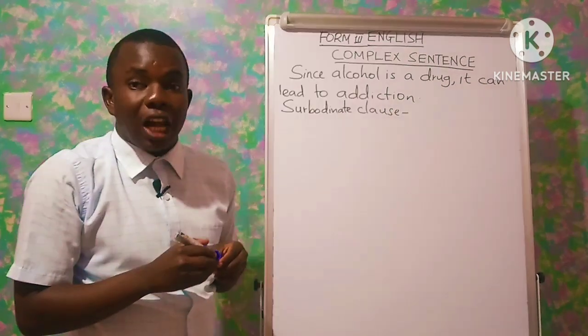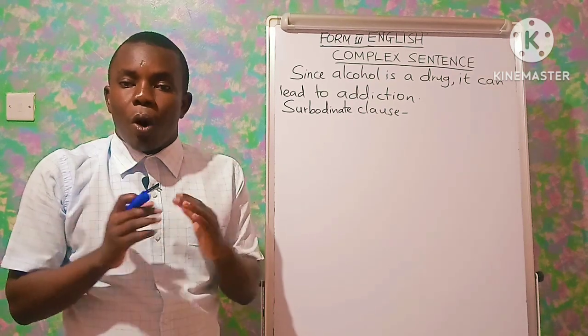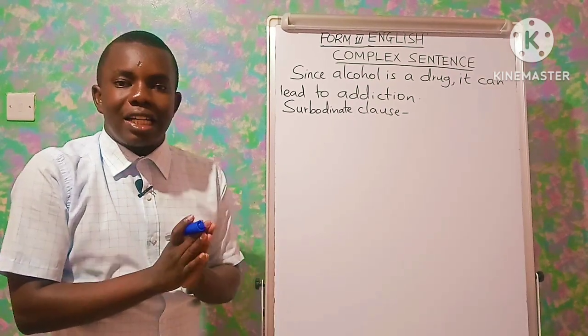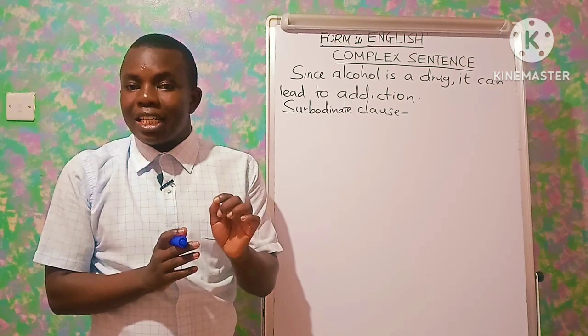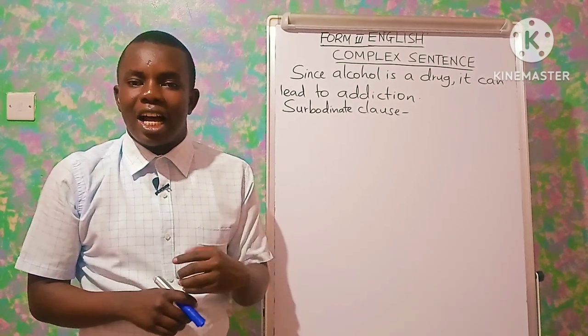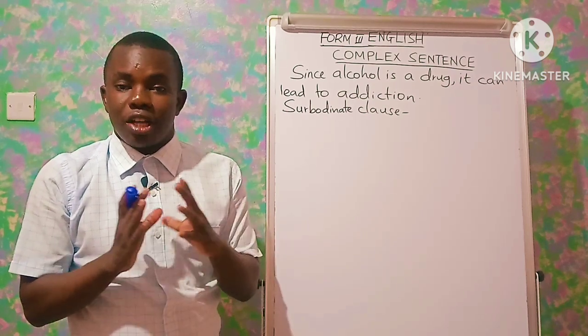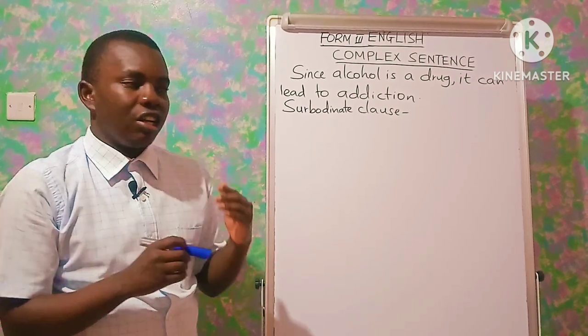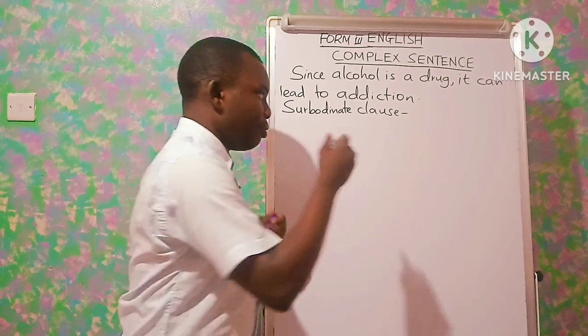And a subordinate clause is a group of words that cannot make sense, they do not convey a complete idea, and they rely on the other parts of a sentence to make sense.